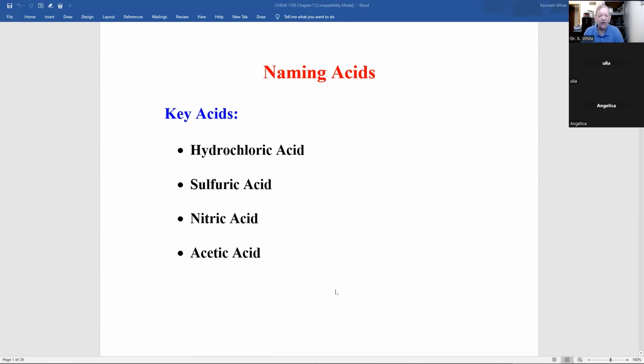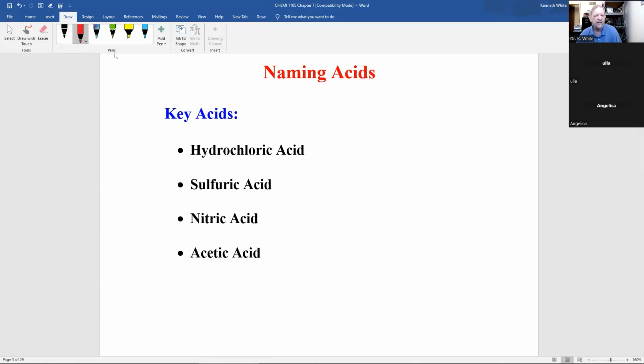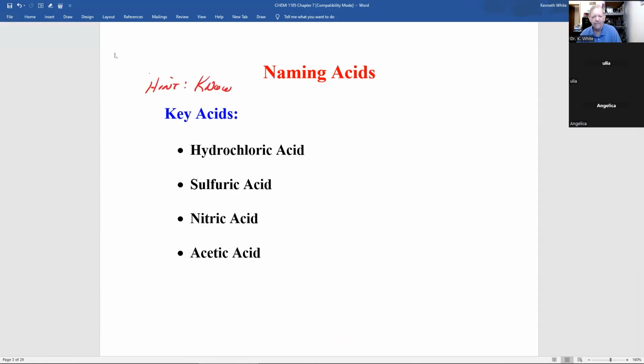Now, under Arrhenius theory and another theory I'll teach you, here are some key acids you should know. Hint, know this.